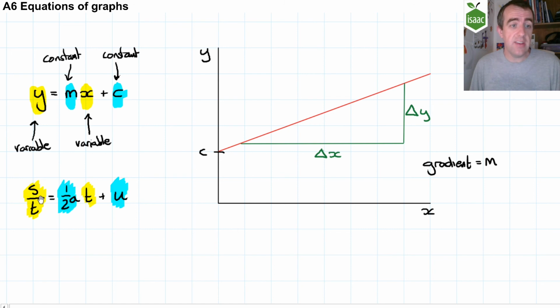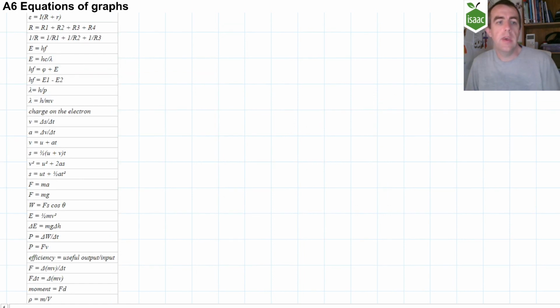If we plotted s over t on the y-axis and t on the x-axis, then the gradient m would be half a, and c would be u, or the initial velocity would be the y-intercept. If we were asked to calculate the acceleration, that would be double the gradient, because the gradient is half the acceleration.